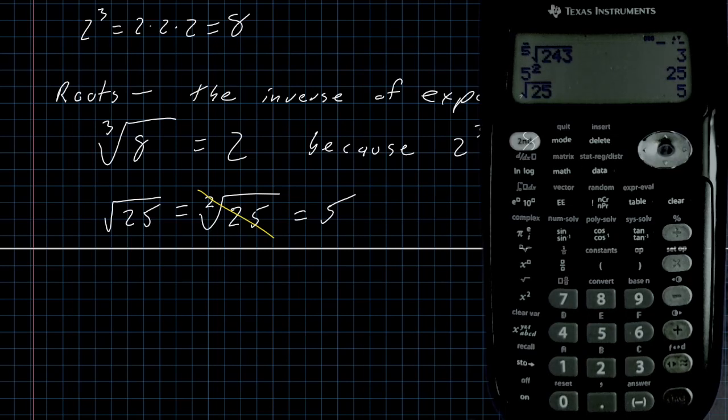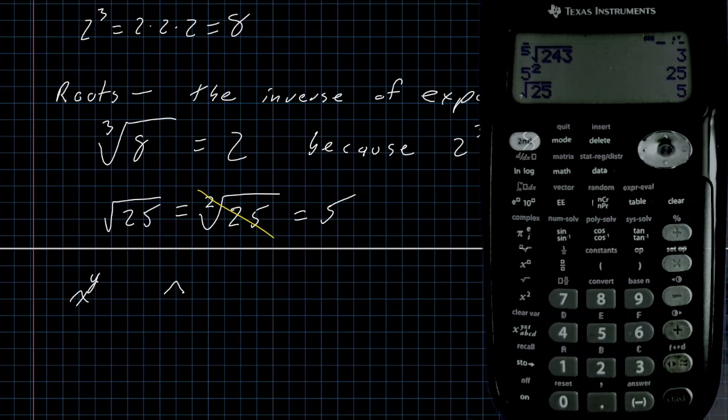Various calculators have very different ways of denoting exponents and roots. Some common keys that you will see are x to the y for an exponent, and also the caret key, kind of an up arrow looking thing.